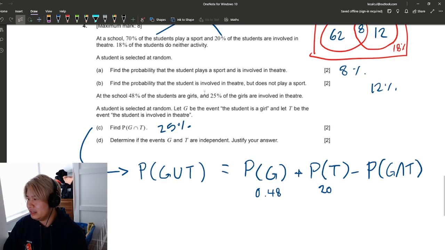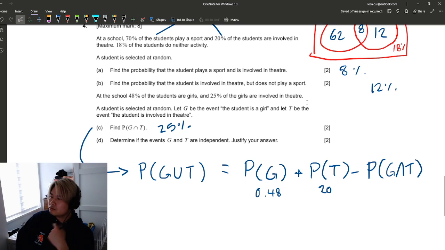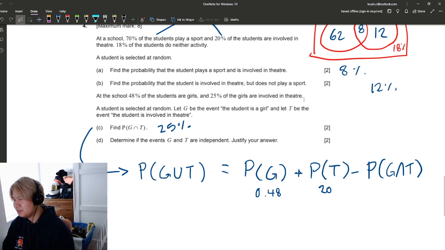Is that not this? 25% of the girls are involved in theater. We'll come back to this.